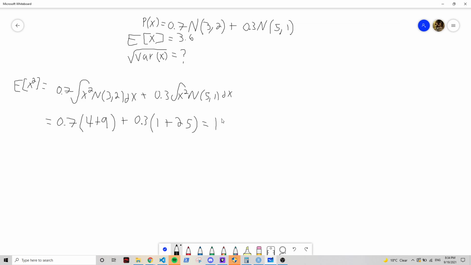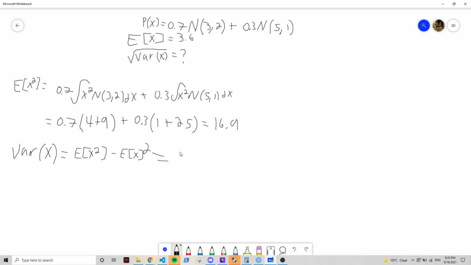And so now, computing the variance, we can use the second moment minus the square of the expectation.